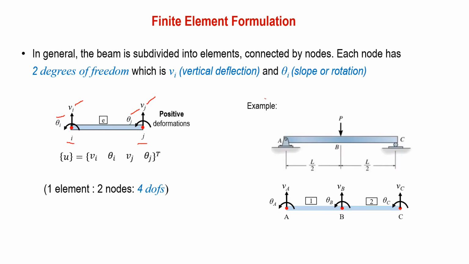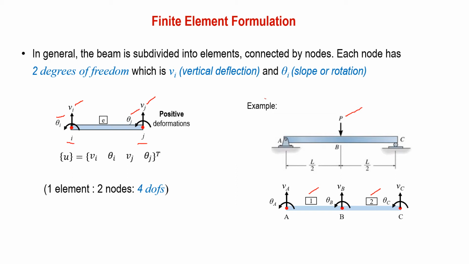For example, in this case, when this beam has been loaded with load P at point B, we can divide this beam into 2 elements, element 1 and element 2.